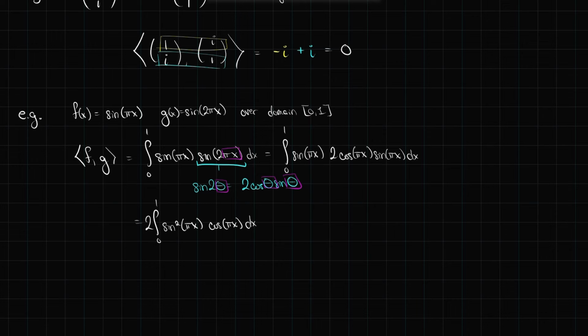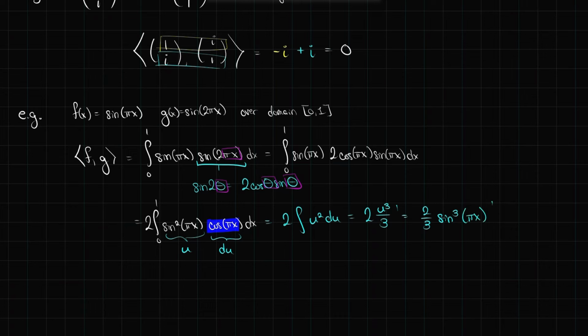And I realize this is maybe a real throwback for everybody. This can be a u substitution: if I let sine be u and cosine be du, this happens to be twice the integral of u squared du, because the derivative of sine is cosine. So this is twice u cubed over 3, or in other words, 2/3 sine cubed pi x, because u and sine pi x are the same.